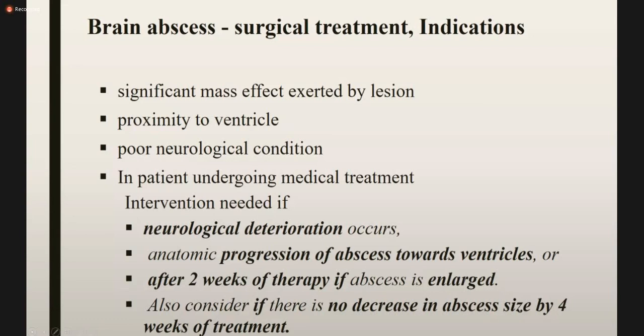If it is proximal to the ventricle, there is a chance of rupture into the ventricles, with the possibility of development of ventriculitis and spread of infection, pus. So you can offer surgical treatment. Then poor neurological condition: even though you are giving appropriate medical treatment, the patient's neurological condition is deteriorating. So that is also one of the indications.